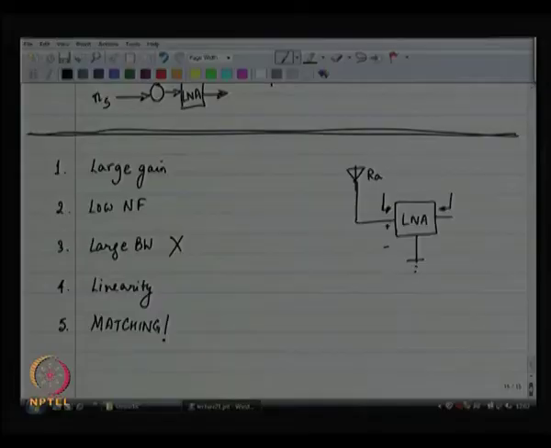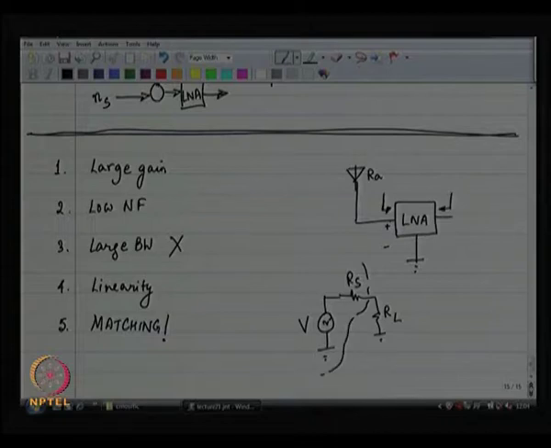What was the maximum power transfer theorem? The maximum power transfer theorem was, if you do not have control over the source resistance, so RS is part of V and you can do nothing about it, all right.